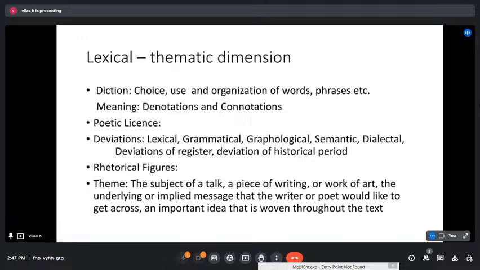There is not much change in grammar while we consider dialect. So the deviations of register. Register is the language of a certain profession. There is a poem, the title is Forensic Medicine. I think Jayola or some poet, I don't remember exactly the name of the poet, but there is a poem, Forensic Medicine, an Indian poem we find in Indian English.